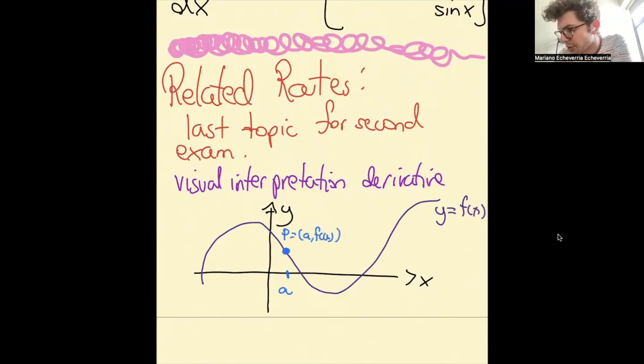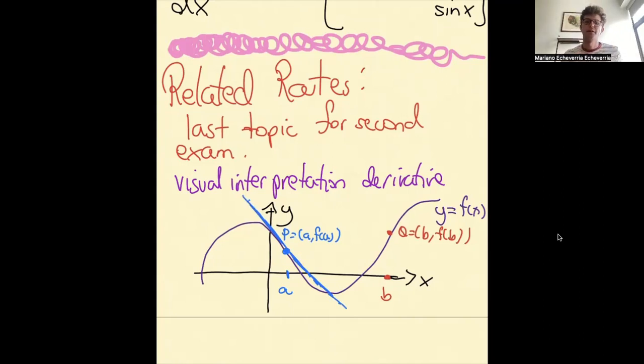And let's choose another value for x, which would be B. And so this would give us a point Q, which is B comma f of B. Okay, so the tangent line for the point P will look like this, right?